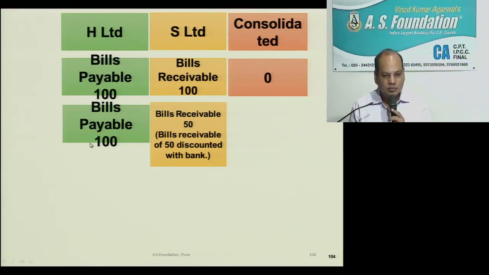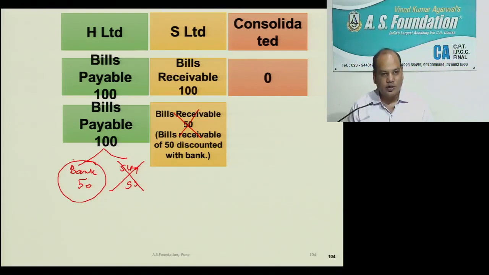Because this 100 is now payable to two parties: 50 to the bank and 50 to S Limited. So this portion of the 100 I will cancel against this bills receivable. The remaining 50 is a liability for the bank now. So that 50 will appear in the balance sheet because that is the amount now payable to the bank.